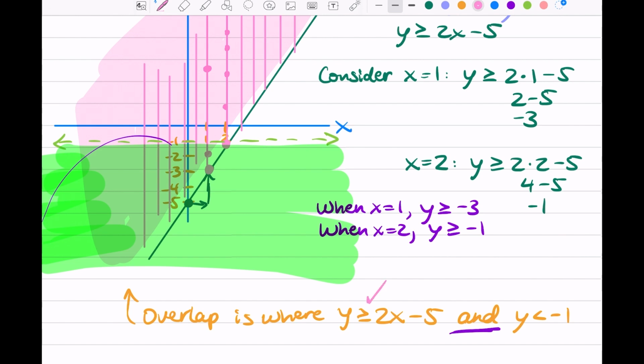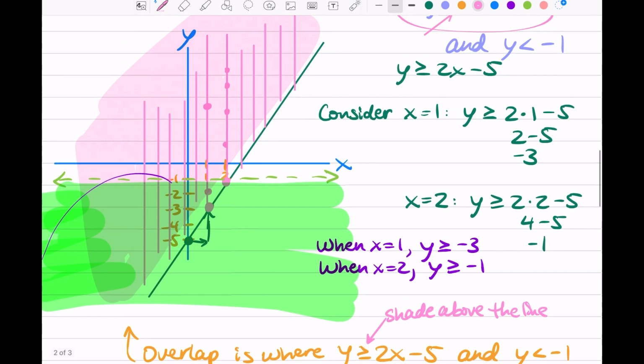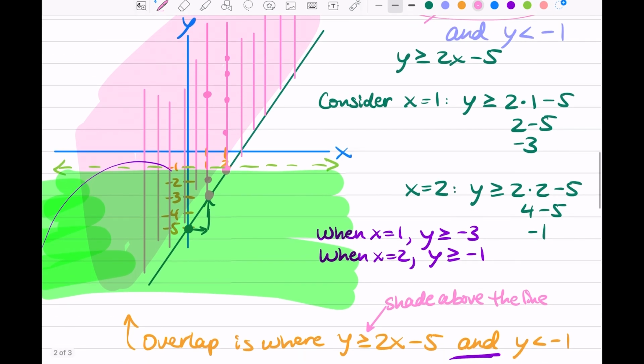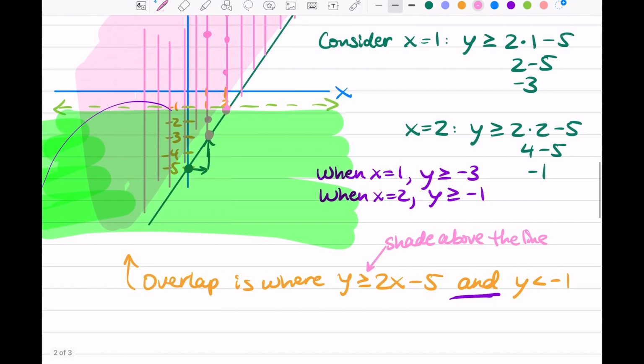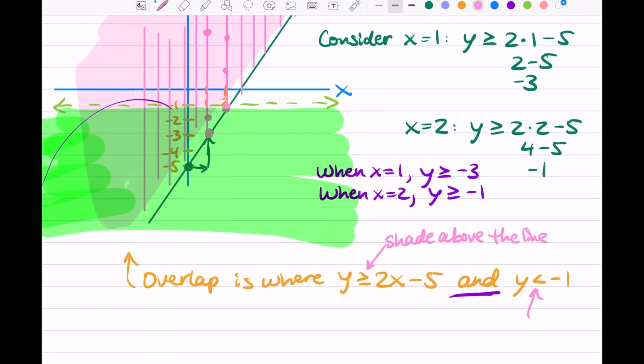So as you do these problems, you are going to notice that anytime there's a greater than sign, that's going to mean to shade above the line. Because we're taking that y equals mx plus b, that idea of a line, and we're just saying we want y that's greater than that as well, meaning above the line. And when you see this less than sign, that's going to mean shade below the line.